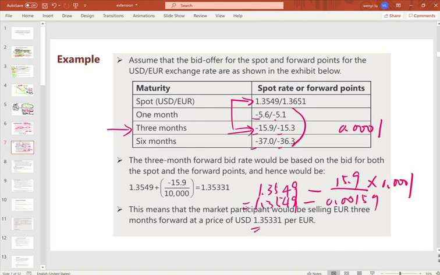We can do the calculation, equal to 1.35331. This is for the bid.